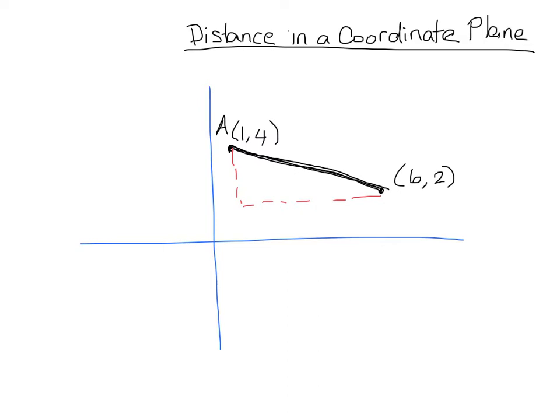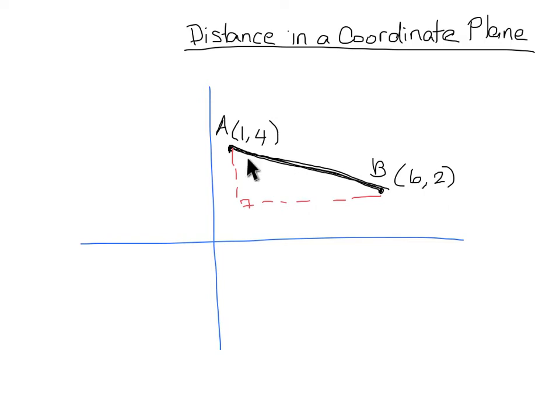If I count the distance from here vertically, and if I also count the distance from the points horizontally, I just created a right triangle. Now, what is the length, the height and the base of my right triangle? Well, going across from point A, which is at an x coordinate of 1, going across to point B, let's call that point B, we're going from 1 to 6.